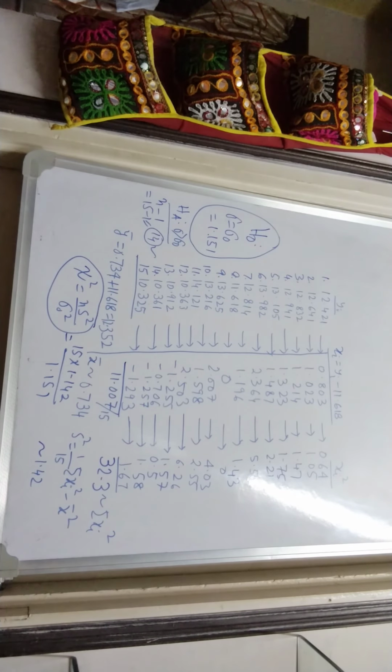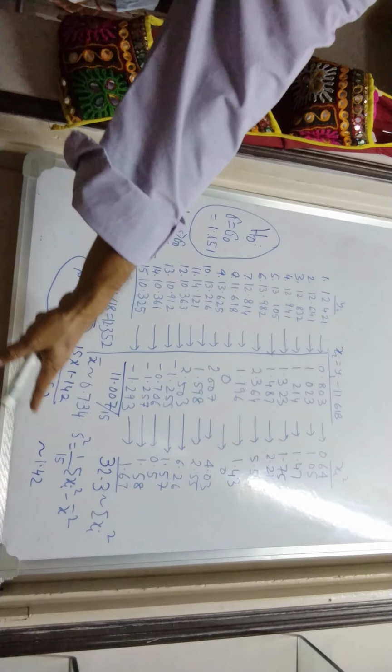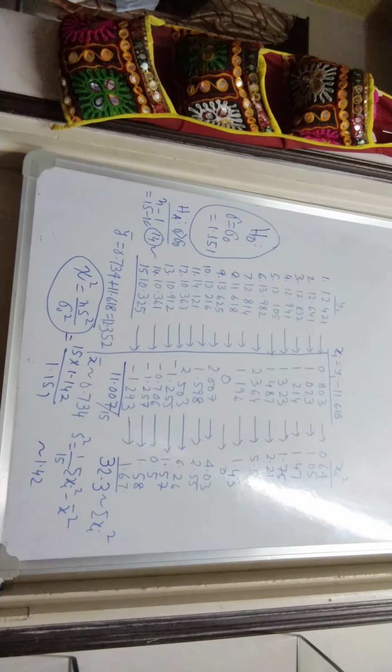So, we have to find the value of the critical region for this value 1.151, okay, and chi-square is calculated from this value 15 into this s square 1.42 by 1.151, which is the value of the sigma naught.